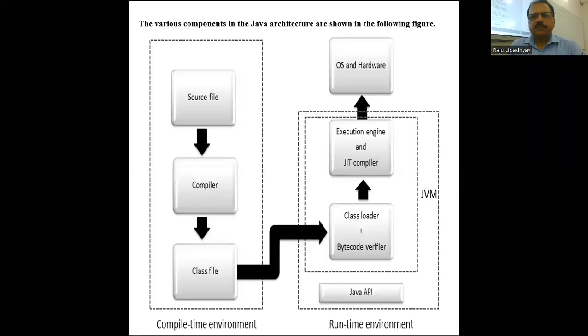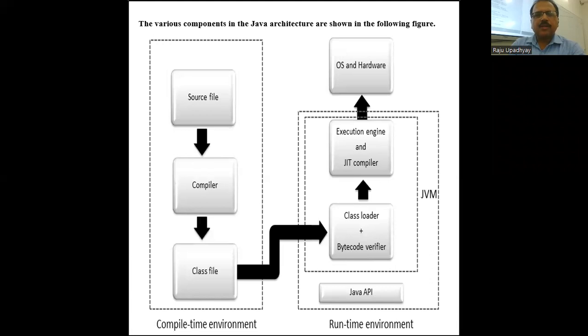So in order to understand better, I'm going to share my screen to everyone. So in order to understand various components of Java architecture, we will discuss using this particular screen.